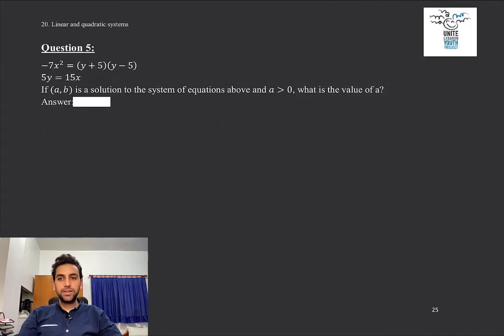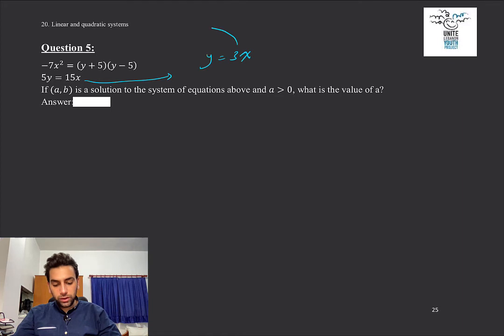Last but not least, question number 5. If (a, b) is a solution to the system of equations above and a is greater than 0, what is the value of a? Here we are searching for the value of a, which means I'm searching for x. Thus, what I need to be doing here is to write the second equation as y equals 3x.